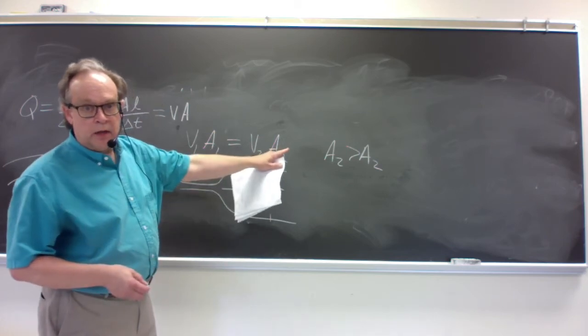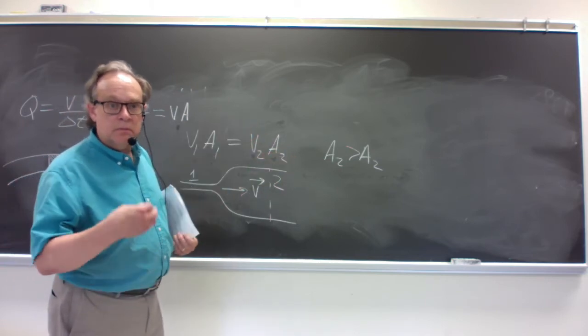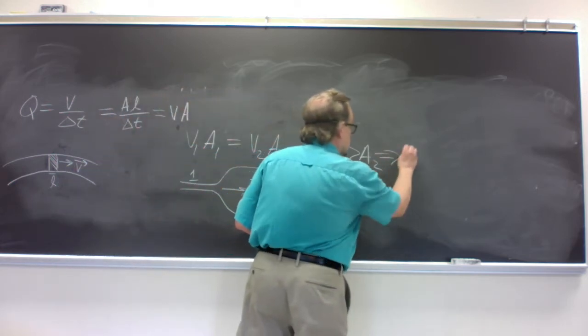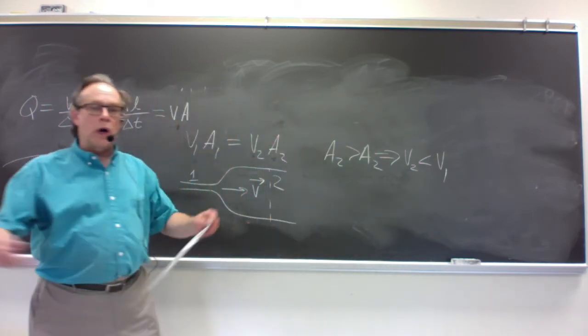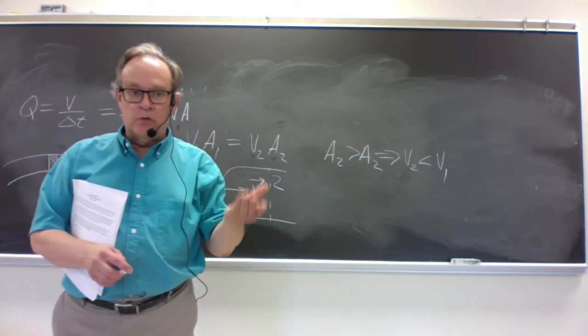So bigger area at point 2 means lower speed at point 2. Wider space means slower speed. Narrower space means faster speed.